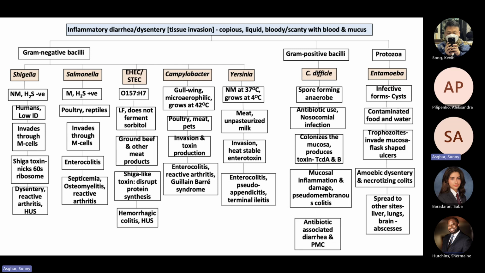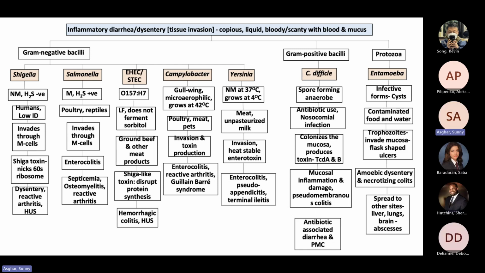So that means that it can be found in colder environments, and specifically on your meats and milk and so forth. It produces a heat-stable enterotoxin, and that can lead to pseudoappendicitis or terminal ileitis.